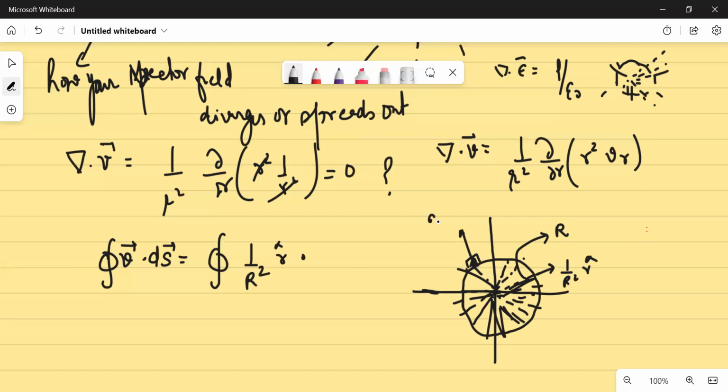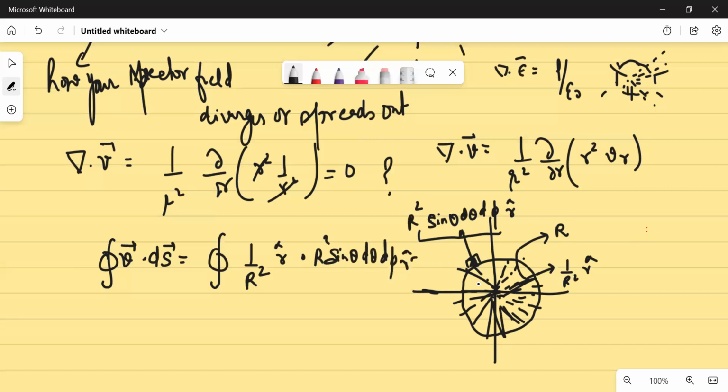It can be written as r square sine theta d theta d phi r cap. So for right now, just remember that this patch of a small differential area element would be r square sine theta d theta d phi r cap.